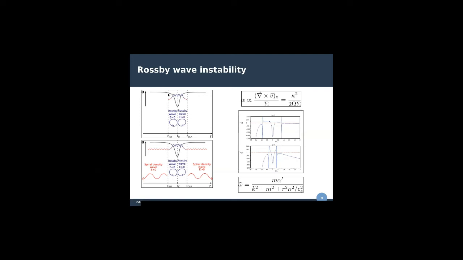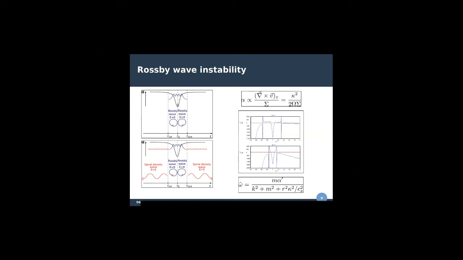And if there is such an extremum, like here, you have two gradients, meaning that you can have two Rossby waves, one in each gradient. If they have the same frequency, they can exchange energy, and indeed they would have the same frequency as the fluid at the extremum of potential vorticity. So this is a kind of critical layer.